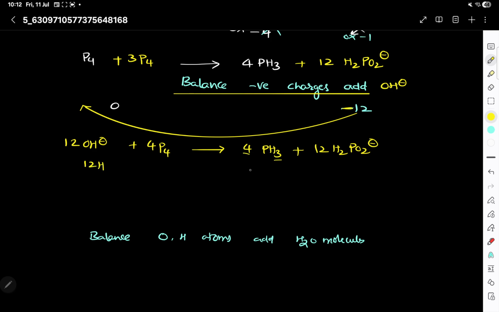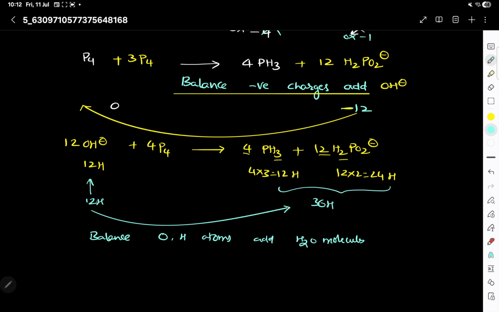This side I have 4 PH3, so 12 hydrogen atoms, and 12 H2PO2 minus, so 24 hydrogen atoms. So this side I have 36 hydrogen atoms, and here I have 12 hydrogen atoms. So 24 hydrogen atoms are deficient. That's why I am adding 12 water molecules on this side.